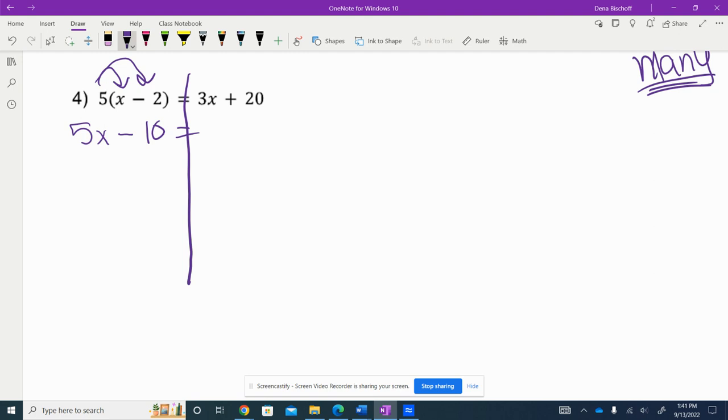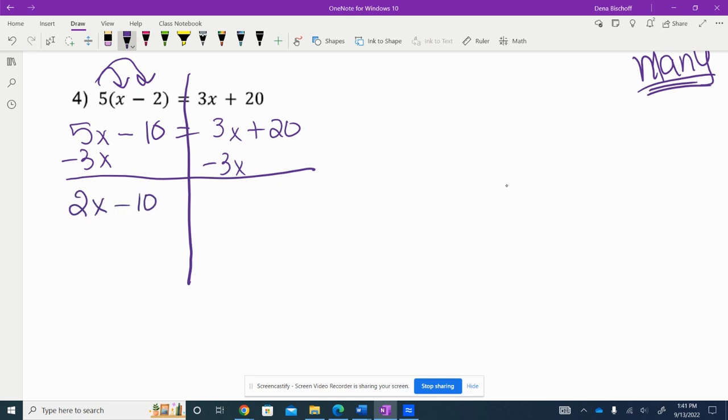3x plus 20. What do I do next? Maddie. Subtract 3x from both sides. Good job. Subtract 3x from both sides. So 5 minus 3 is 2. So that leaves me 2x minus 10 equals 20.